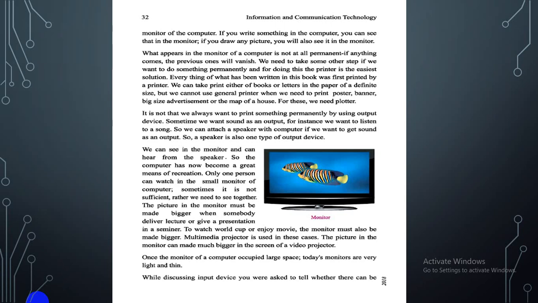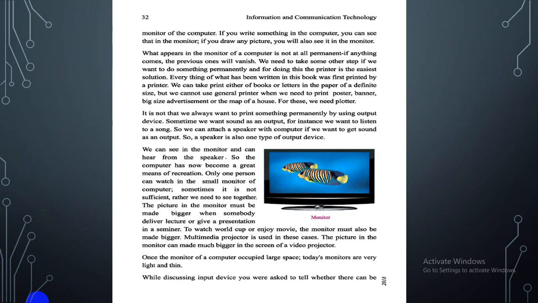So dear student, you also know the functions of the output device, that means the monitor. You can write it very easily. What appears in the monitor of a computer is not permanent. If anything new comes, the previous one will vanish.